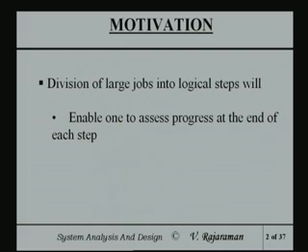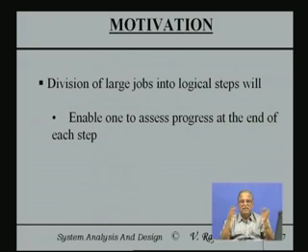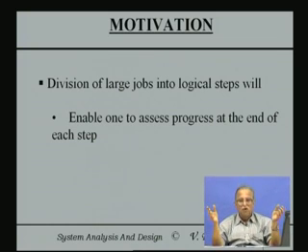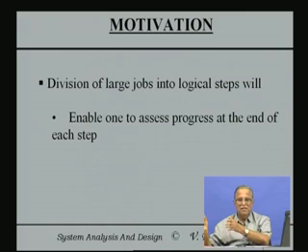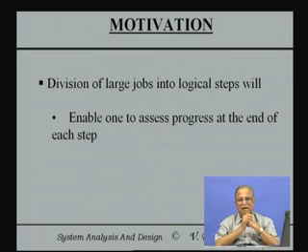And at the end of each step, you have to assess progress. That is, in other words, you gave a certain amount of time for the whole project. You may have given something like, say, 4 months to finish a project. And if there are 8 steps, you may have given some time chart for each part. As soon as you finish that part, you compare the time you have taken with the projected time.